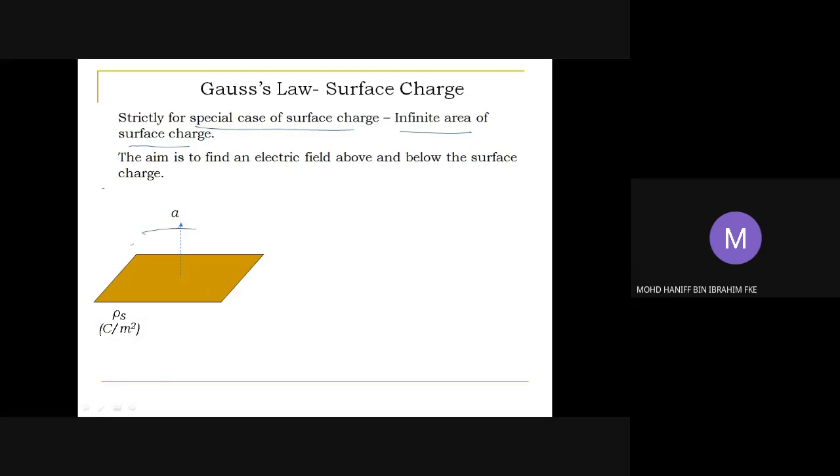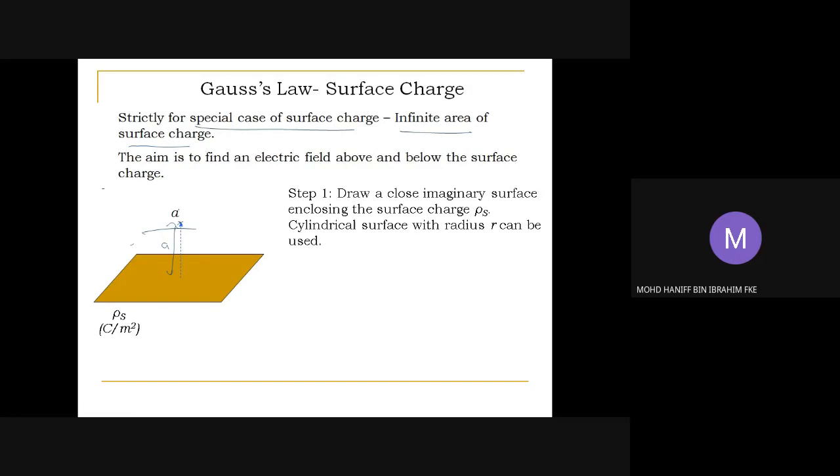Okay, for example, if you want to find the electric field somewhere here, at a height of a from your surface charge, where the surface charge has a density of rho s coulombs per meter squared. If you want to use the Gauss law to find the E field at this particular point, you have to adopt a Gaussian surface.